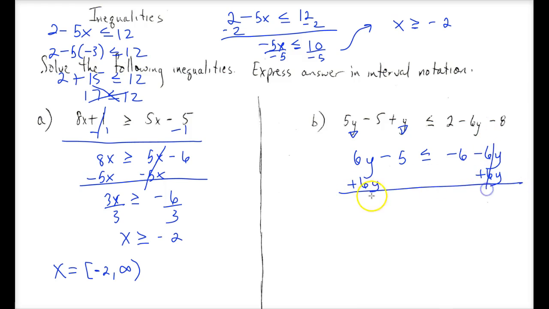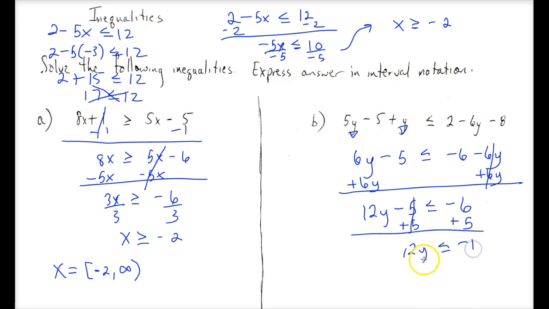That gives me 12y minus 5 is less than or equal to negative 6. Since I want the 12y by itself, I need to add 5 to both sides to get rid of it. And so 12y minus 0 is just going to give me 12y, and negative 6 plus 5 is a negative 1.